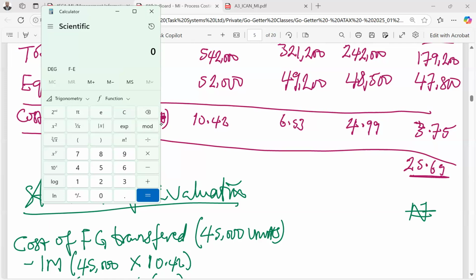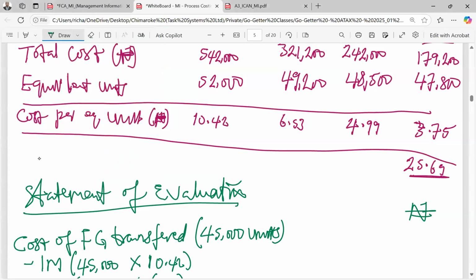In the exam you can use 10.42, and you'll be getting approximated answers, which are going to be correct. They will give you your full marks. But for the purpose of this lecture, I want to use everything in my calculator. So I have 542,000 divided by 52,000. Stop so far. I'll come back to you.